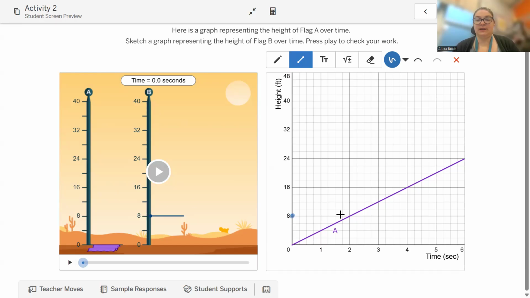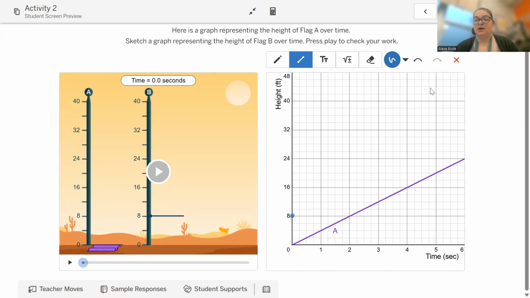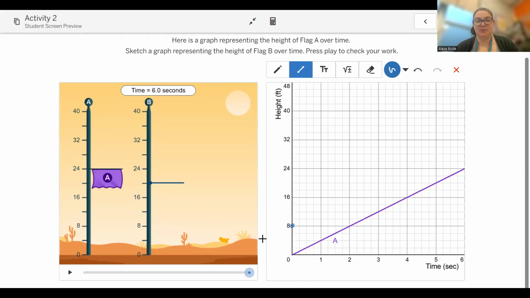Then we can either use our slope of 2 feet per second and go up 2 feet every 1 second, but that will be a little bit difficult on this one. Or we can just use our ending point.